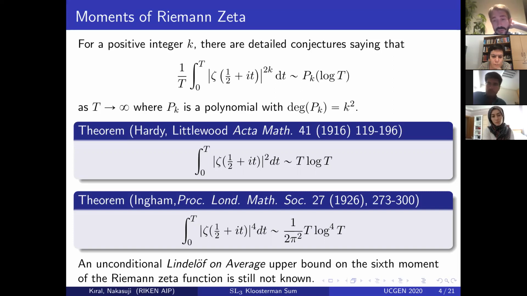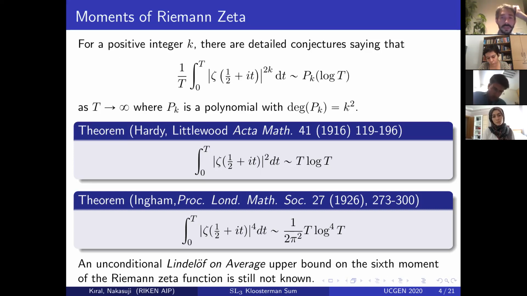We don't even know that the sixth moment behaves Lindelöf on average. I'll mention what it means to be Lindelöf on average. We don't know that the sixth moment is of the order of t^(1+epsilon). There are conjectures: we know that it should be a constant times t log^9 t, but we don't know this.